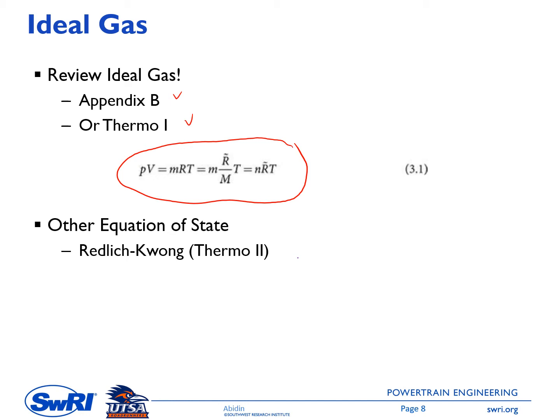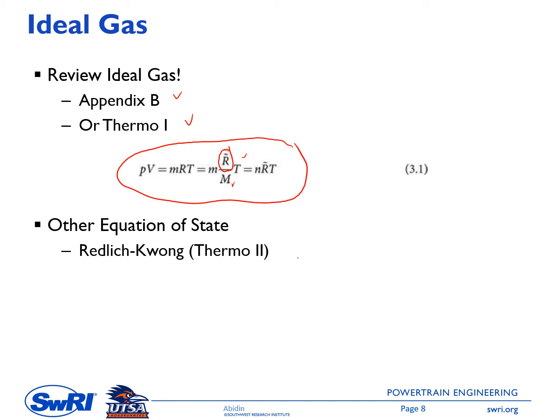P is pressure, capital V is the volume, and m here is the mass, in kilogram or gram, and R here is the gas constant of the corresponding mixture. T is the temperature. You can also replace R with the universal gas constant, 8314 joule per kilomole Kelvin, divided by the molecular weight of the corresponding gas or mixture, and then multiplied by temperature.